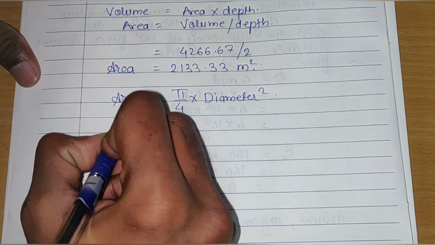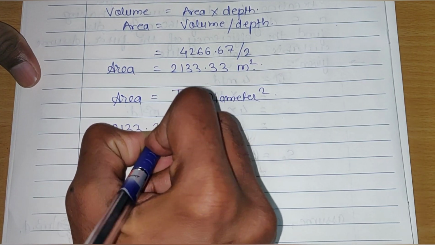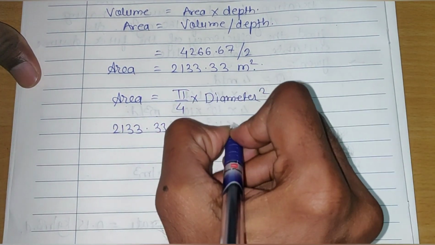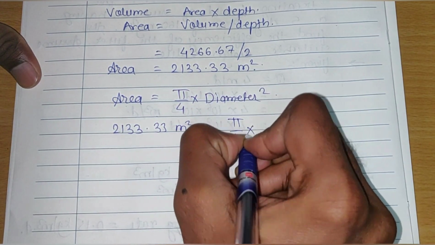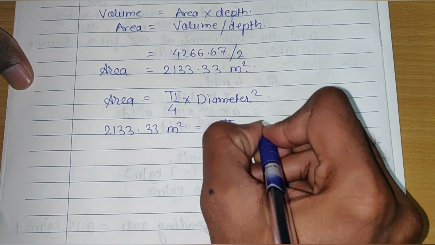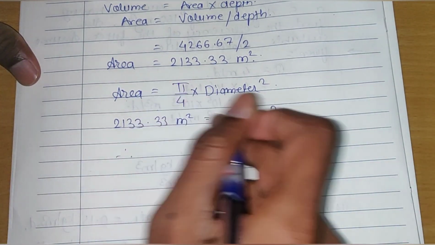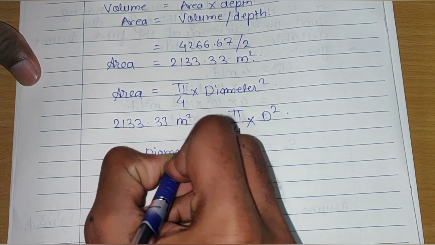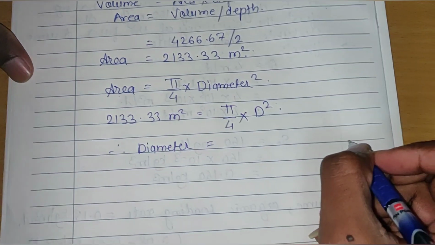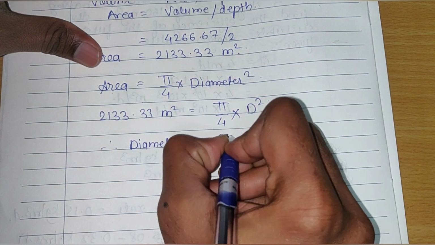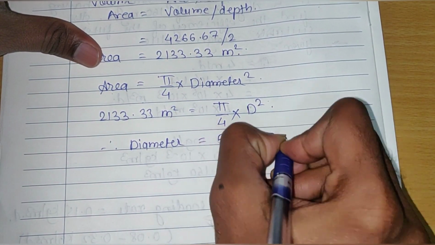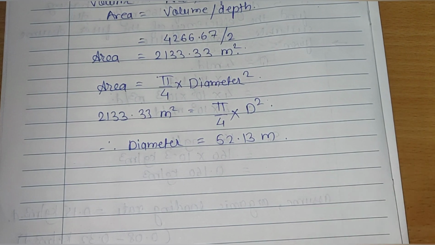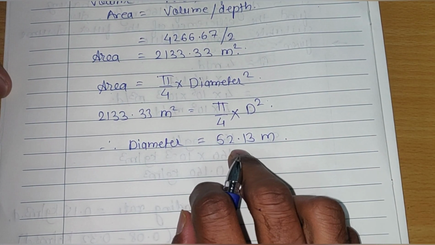Area value is 2133.33 meter square is equal to pi by 4 into d square. Solving this, you will get the value of diameter as 52.13 meter. This is the value of diameter.